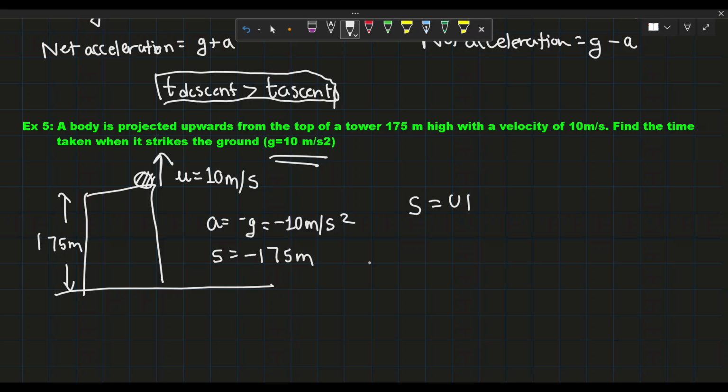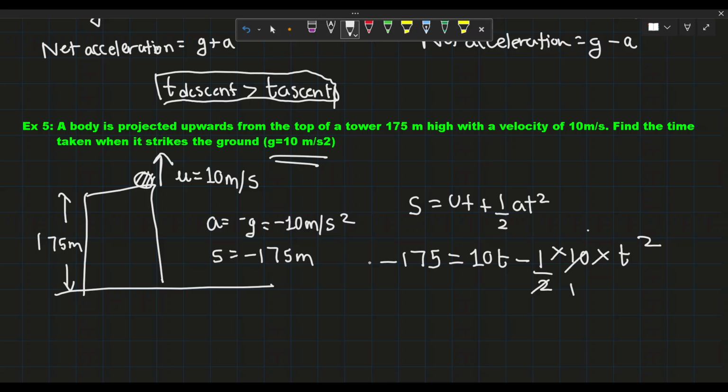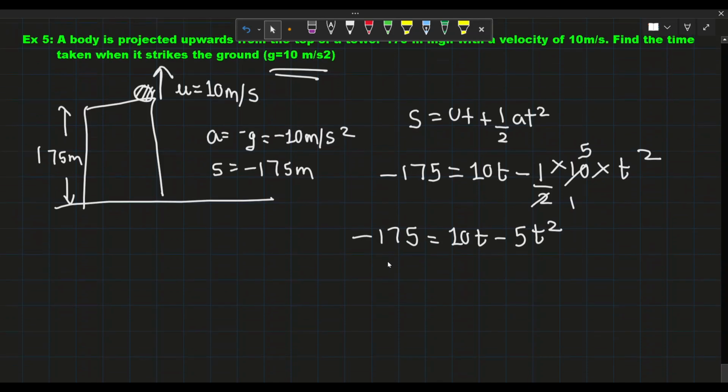Using s equals ut plus half at square, we get minus 175 equals 10t minus half a t square. So we got a quadratic equation over here. Minus 175 equals 10t minus 5t square.